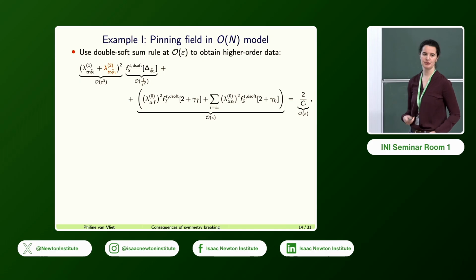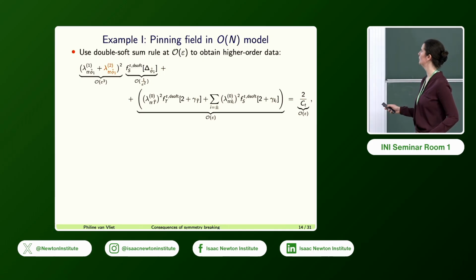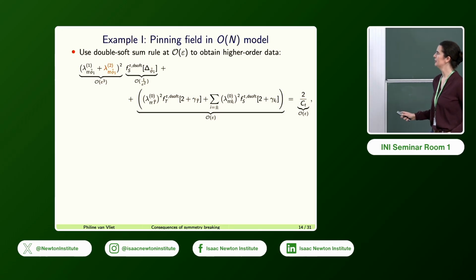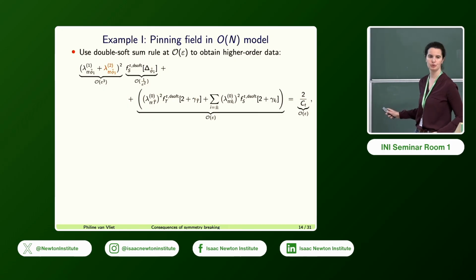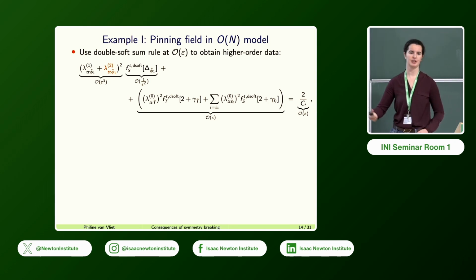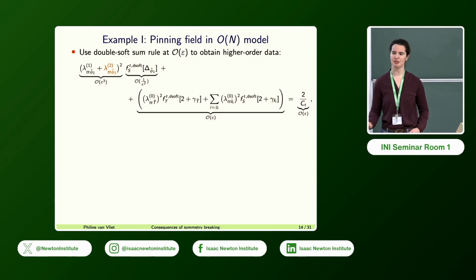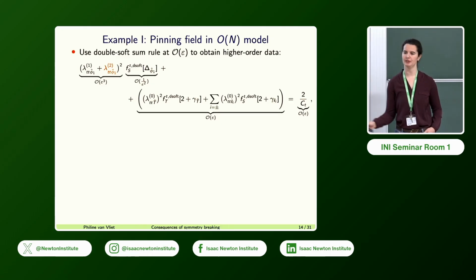So we can compute some data at order epsilon, which is a bit of work, but it's doable. And for example, this normalization, we can compute it at order epsilon. So if we look at all the contributions that we get, we're going to get also contributions from operators with dimension close to 2, with some anomalous dimension gamma. But all the contributions of operators with dimension 4, 6, etc., are going to be suppressed by these double zeros that we found in our sum rule.